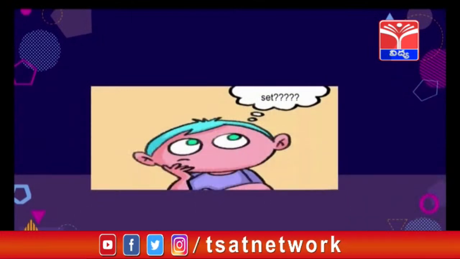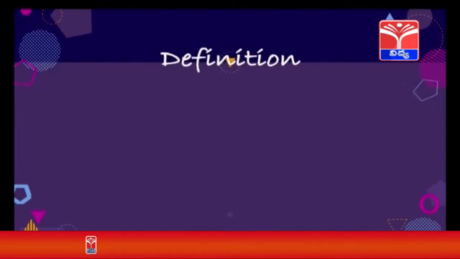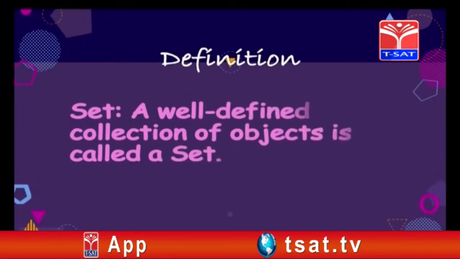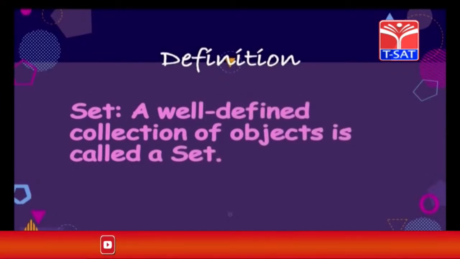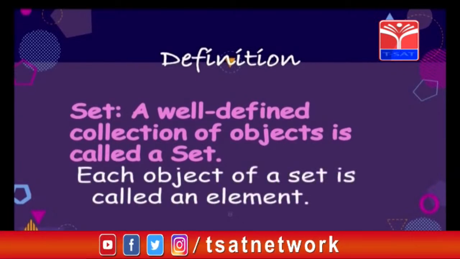Now, you all must be wondering, what is a set? Don't worry. First, let us get along with the definition of it. To define a set, we can say a well defined collection of objects is called a set, and in a set, each object is called an element.